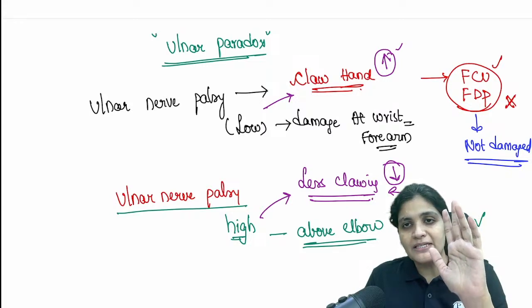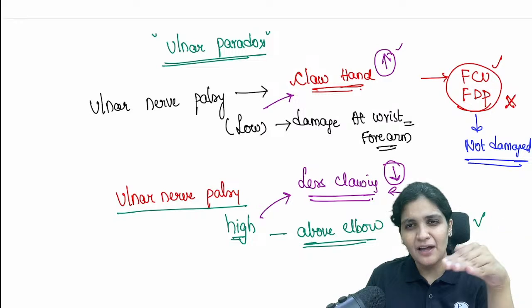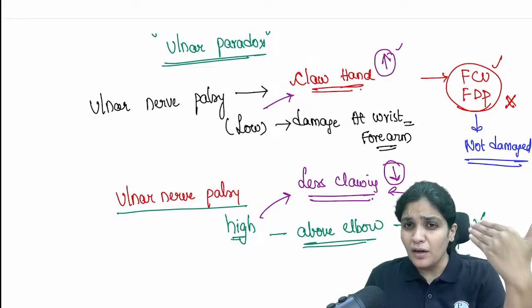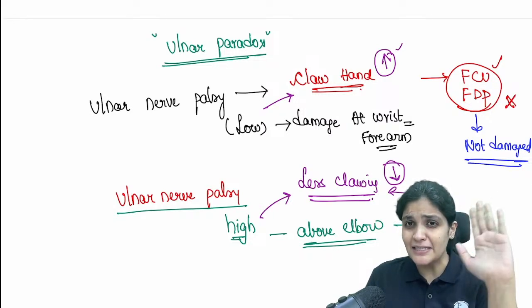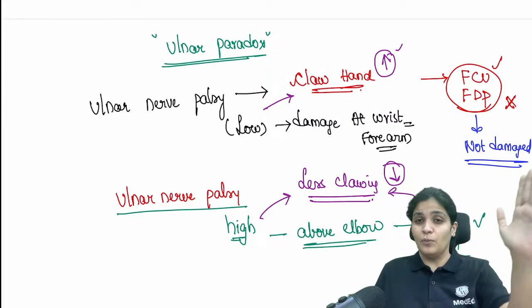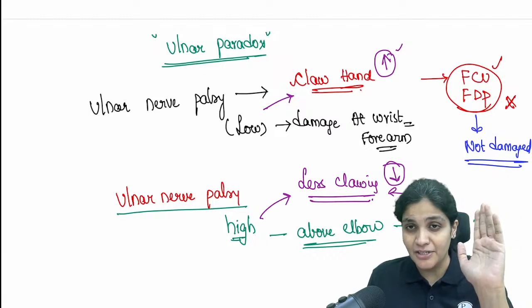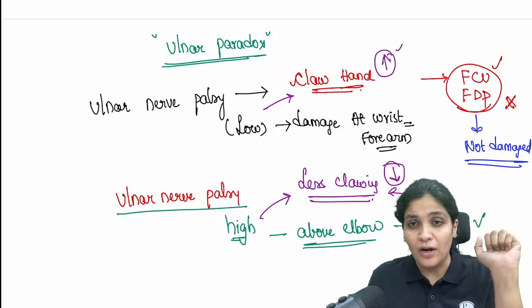So you will think the ulnar nerve has not been damaged much, hence there is no clawing. But in reality, it has been damaged at a very high level where all the forearm muscles and the hand muscles have been damaged, right? That is why this is called ulnar paradox.